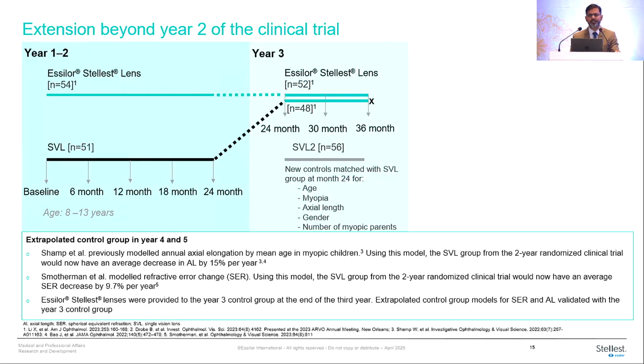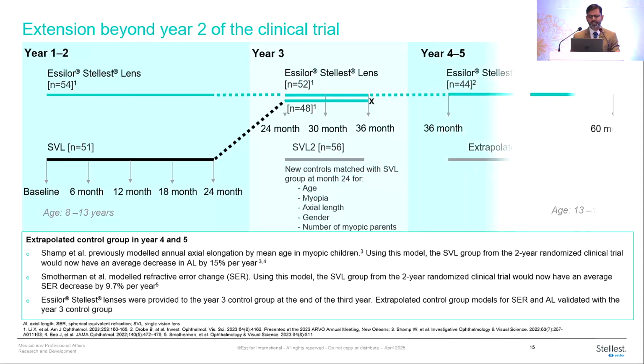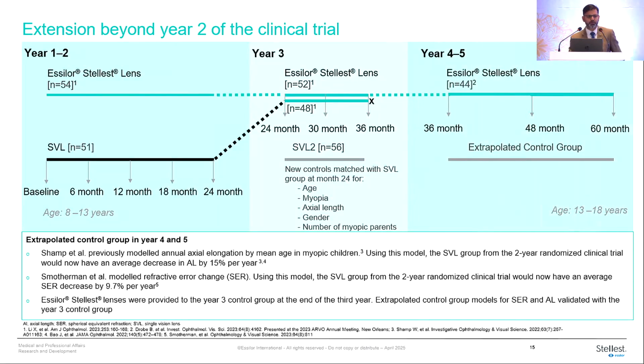But then we decided, let's extend the study to 3 years and 5 years. I'll quickly move into the 5-year results. In 3 years, although we were in an ethical dilemma, how can we put the same children on single vision when we have seen clinical benefit? So we decided we'll recruit another well-matched group.